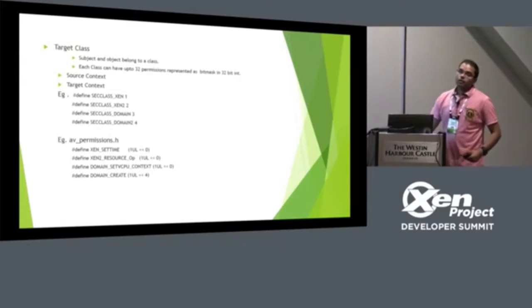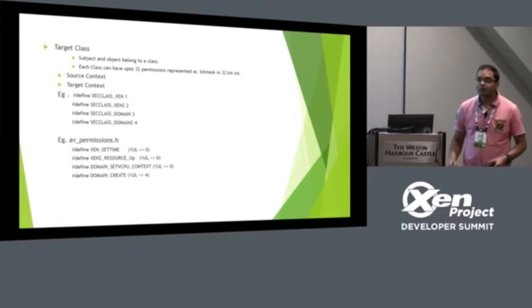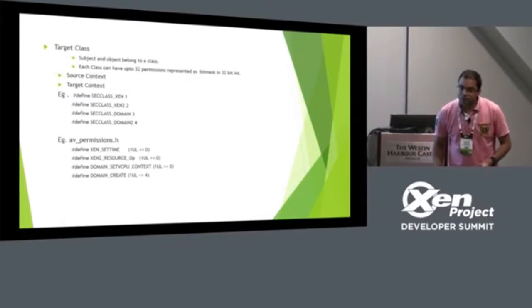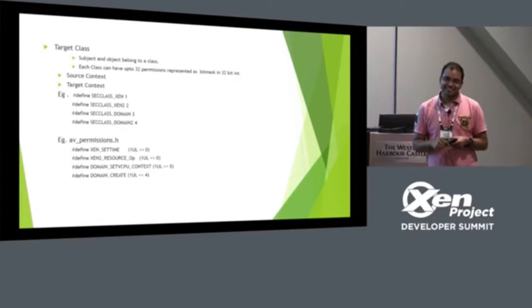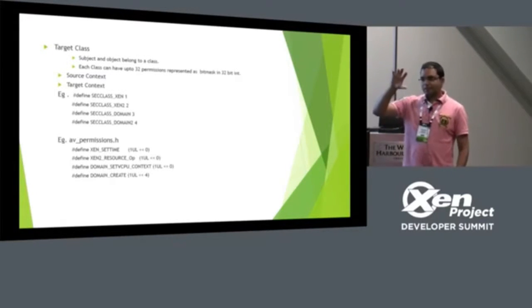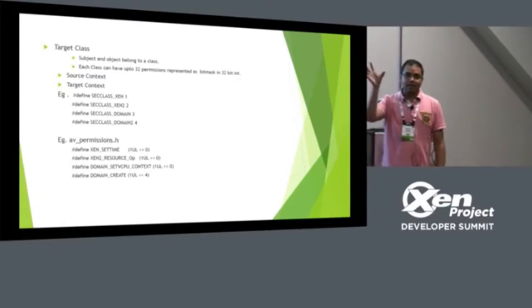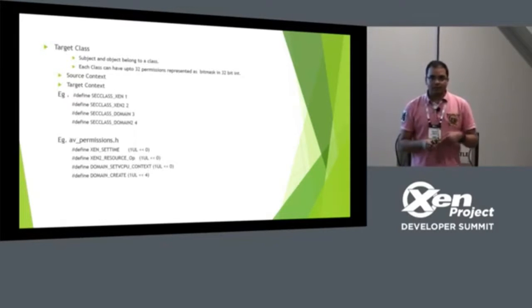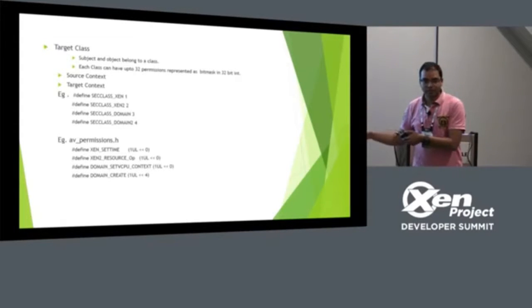So what is the subject then in this context? Sorry? You mentioned subject earlier and objects. Now you mentioned class, and then your domain class. Where is the subject? Subject, you can think of it as an abstract term that represents the entities that will request a permission, like a domain requesting a permission to access an object.